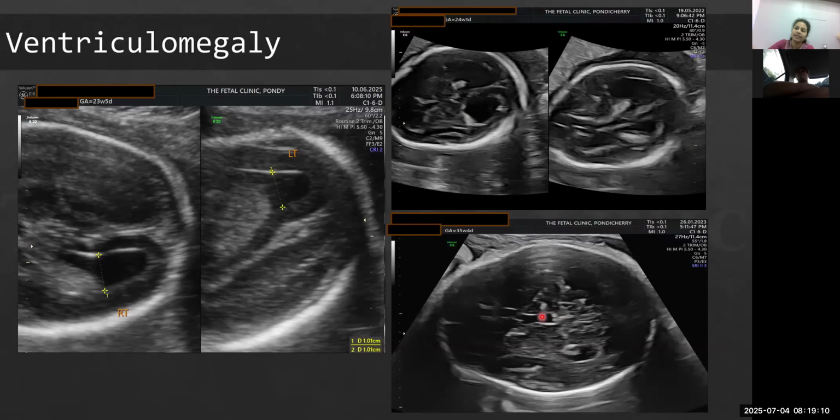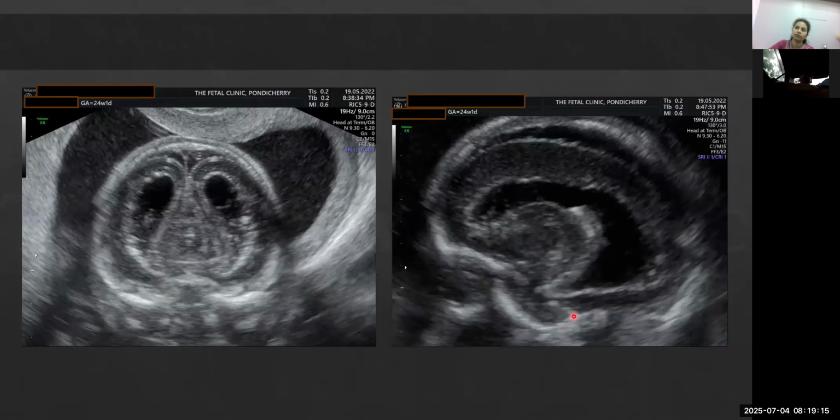Here we can see dilatation of the third ventricle. In this coronal view, there are periventricular calcifications and the ventricular walls are irregular, and there can be some contents, debris, seen in the ventricle. Here in this sagittal section also, we can see the periventricular calcifications and the irregularity of the ventricular walls.